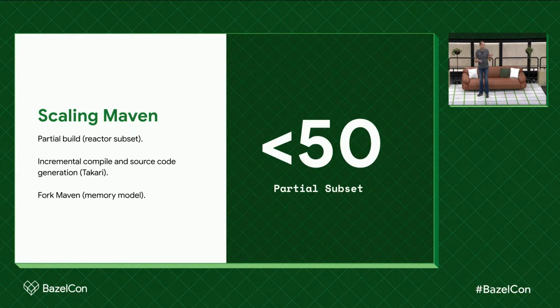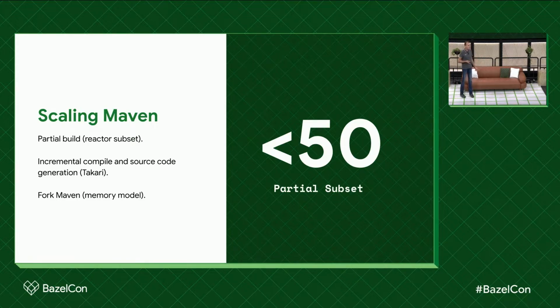Who here has heard of the Takari extension for Maven? Not a lot. It's an extension to Maven to actually support incremental compilation in Maven. The only reason it exists is because back in the day, Salesforce hired a bunch of Maven people and they did that, right? So it's optimized.